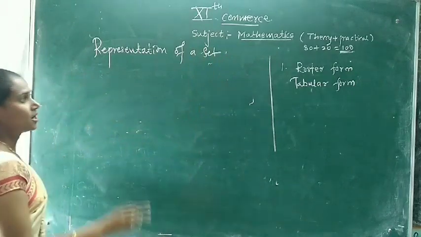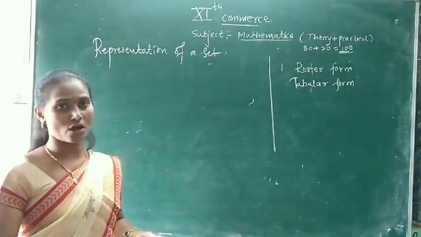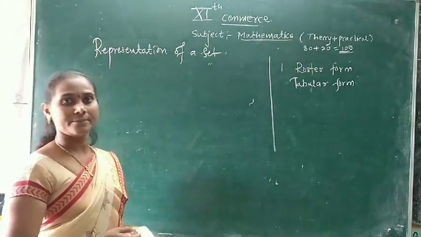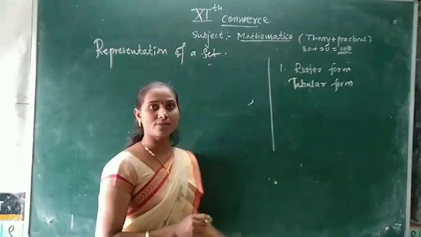To represent a set, we use two methods: the first is roster form and the second is set builder form. In this session, we are going to study the roster form.